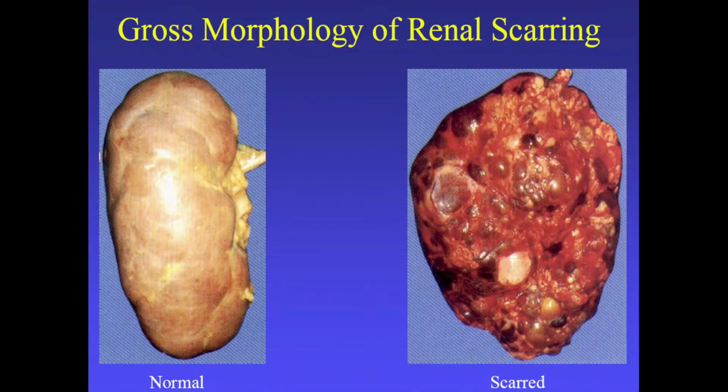You can compare the gross morphology of renal scarring. On the left side, you see the normal kidney. On the right side, the scarred kidney, probably already lost the functioning nephrons. It's the end-stage kidney disease. I'd like to say end-stage chronic renal failure.